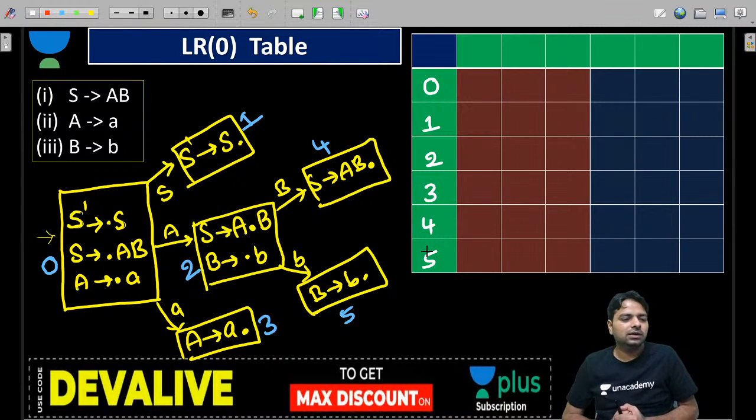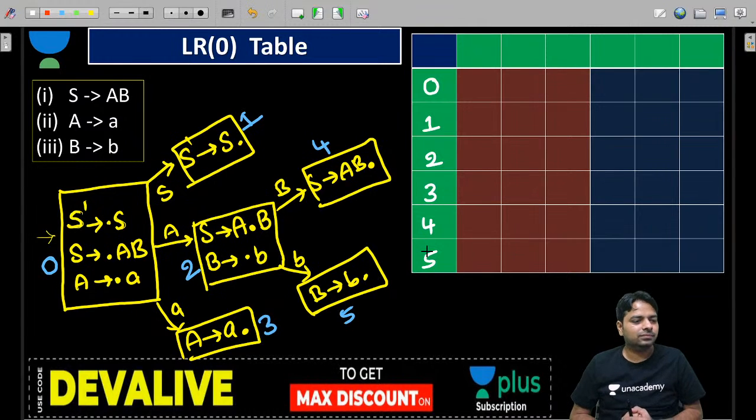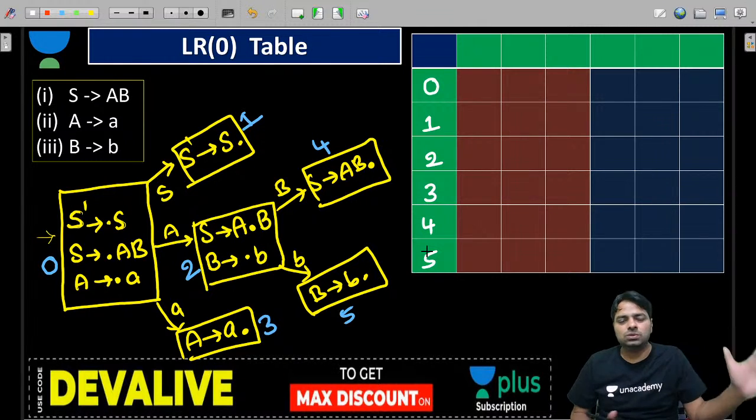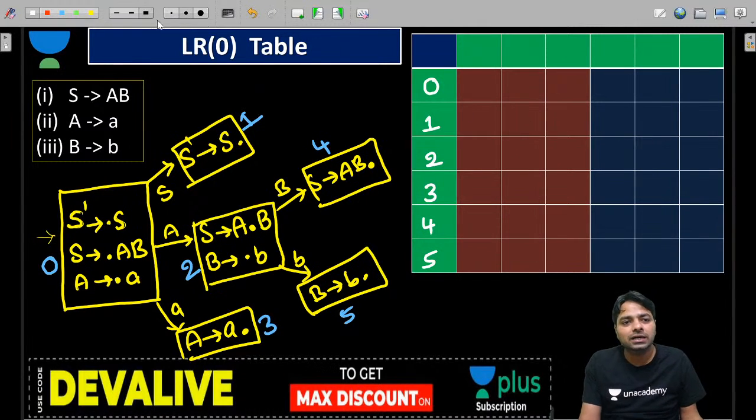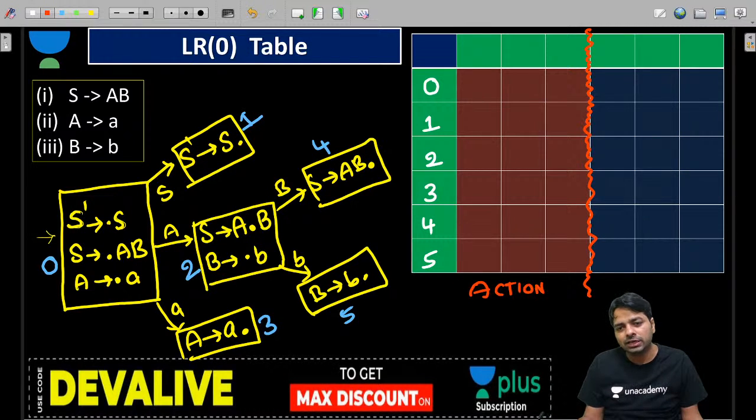Clear this point? Everybody? Come on. 6 rows, and columns, guys. Here we have a barrier. This is actually not one table, these are actually two tables, guys. One table is called the action table, and this is called the goto table.